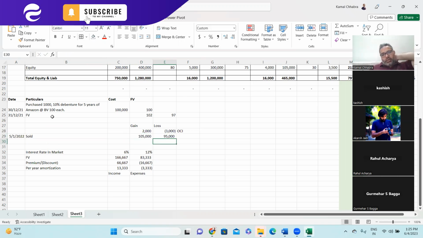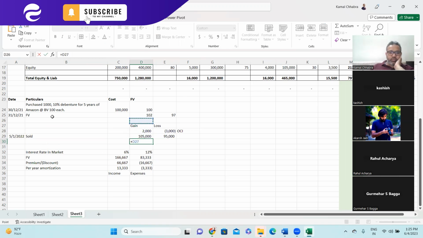So what is the gain or loss? It is 105,000 minus 100,000 minus this 2,000.